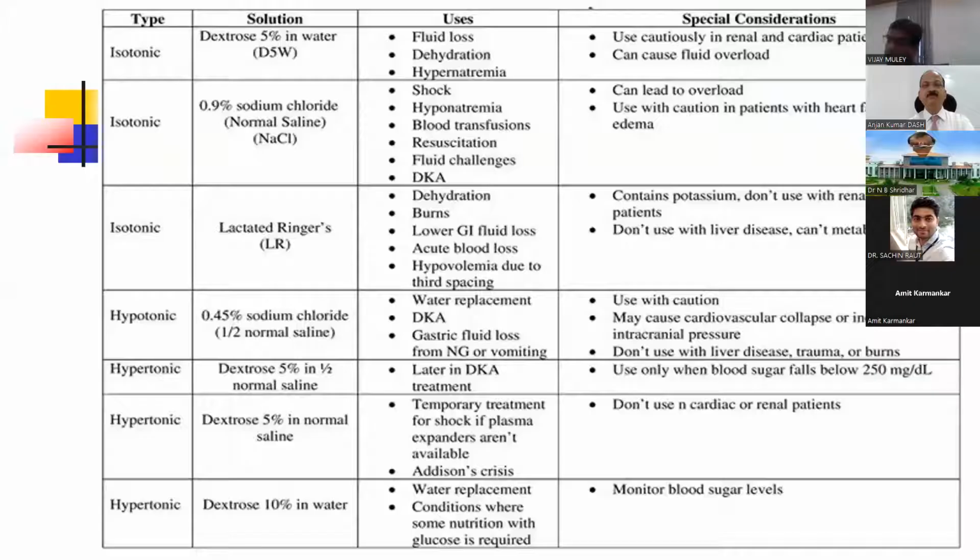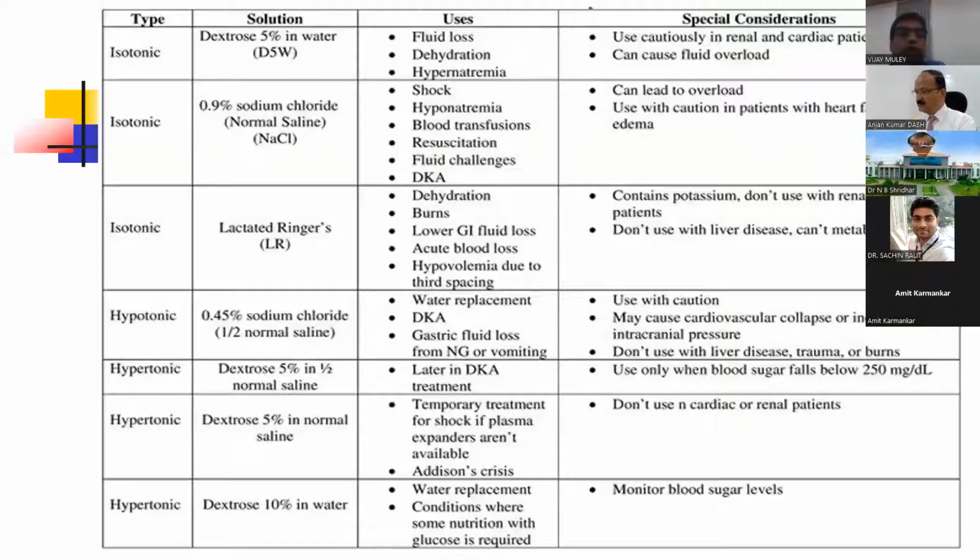And hypertonic dextrose, 5% or more, needs to be used with caution, only when blood sugar falls below 250 milligram per deciliter. Hypertonic glucose solutions need to be used for temporary treatment of shock if plasma volume expanders like dextrans are not available.